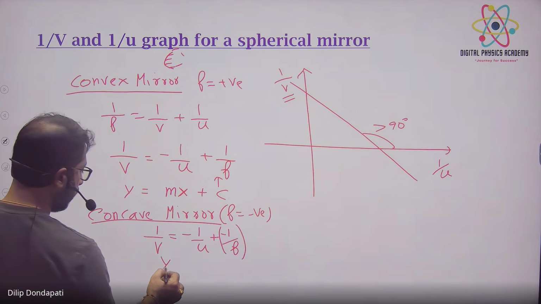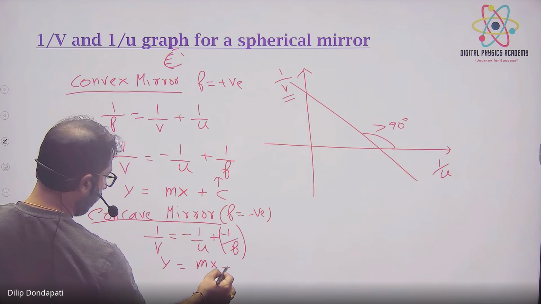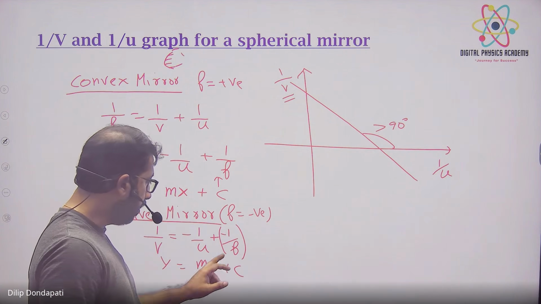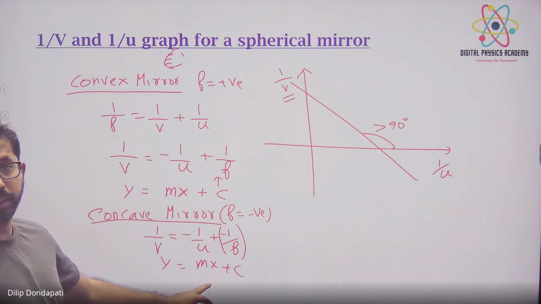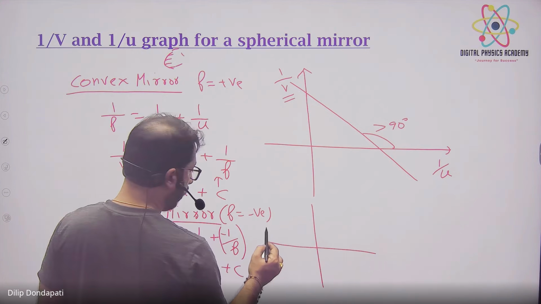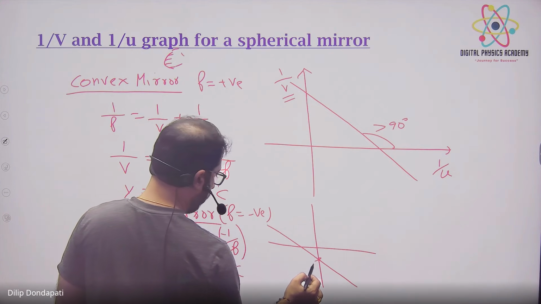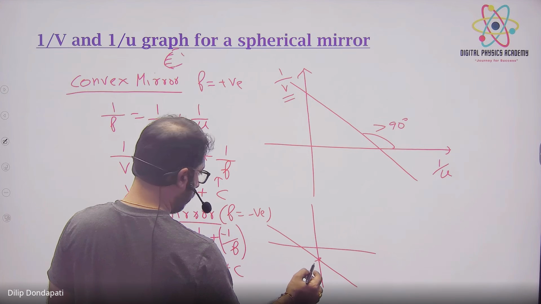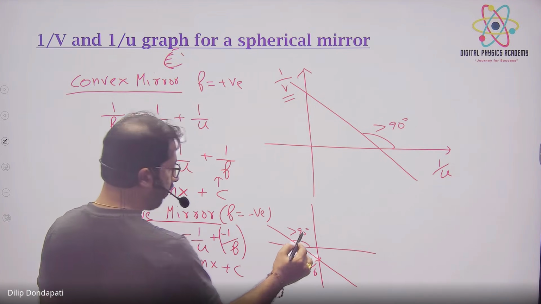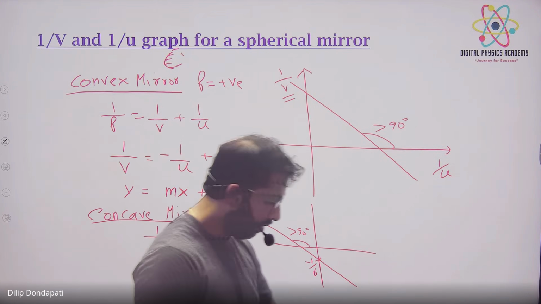Compare y equal to mx plus c. So again negative slope है, and y-intercept is negative, so y-axis में minus में touch करता है. Minus है तो? वैसा रहेगा. So this is -1 by f there. And slope is negative, greater than 90.